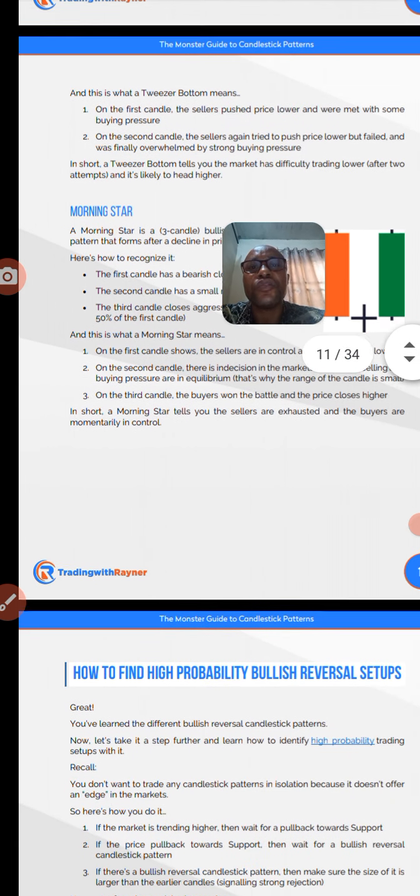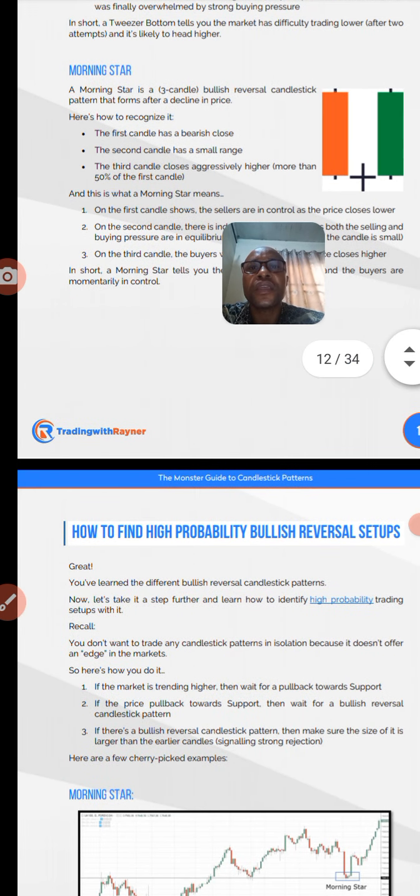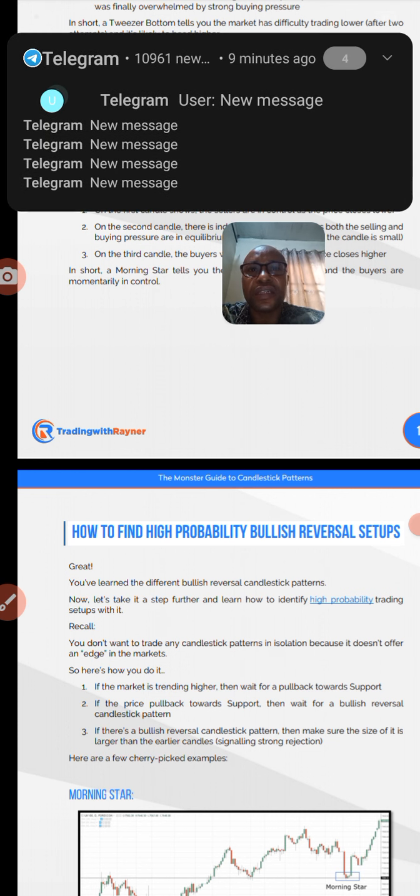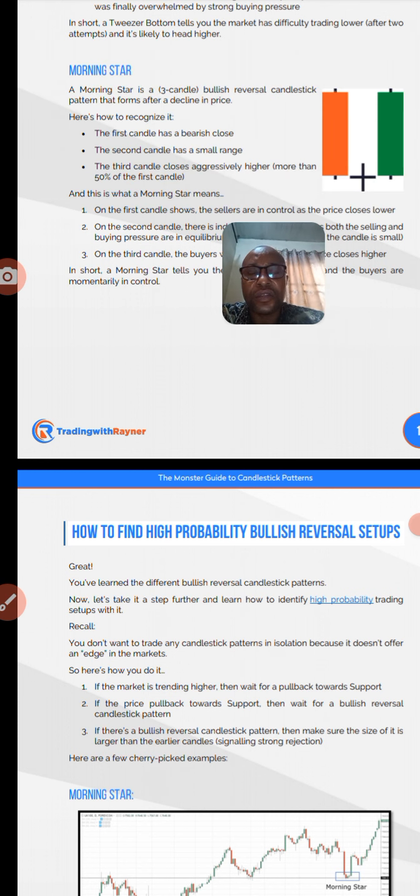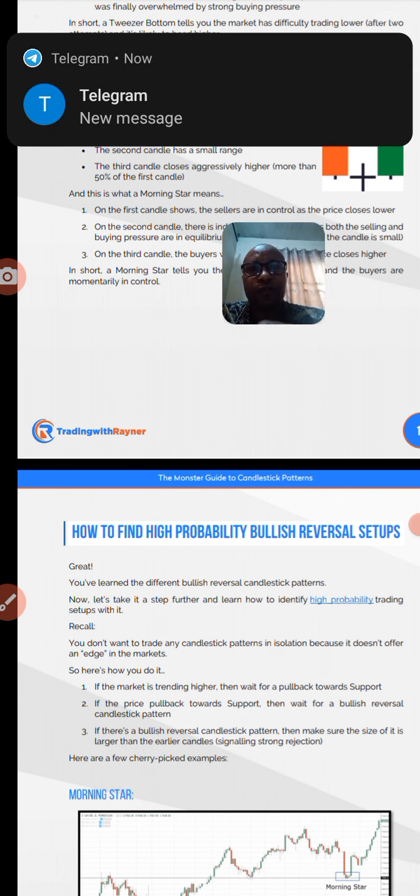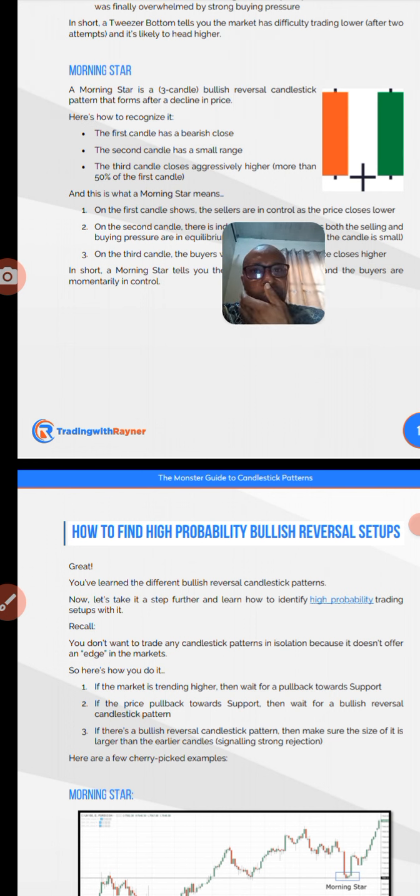Now, another candlestick that you should also look at is called the morning star. The morning star, there are three candles. It's a bullish reversal candlestick. You can see the bearish candle, then you see the one in the form of a doji. You see how to recognize it.